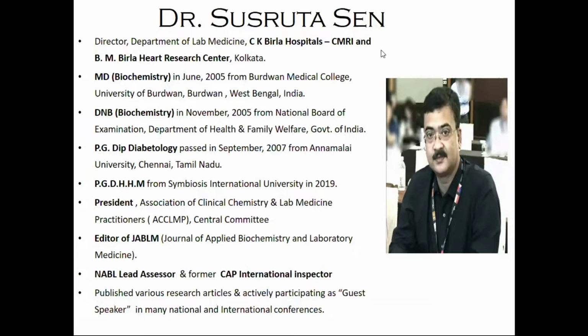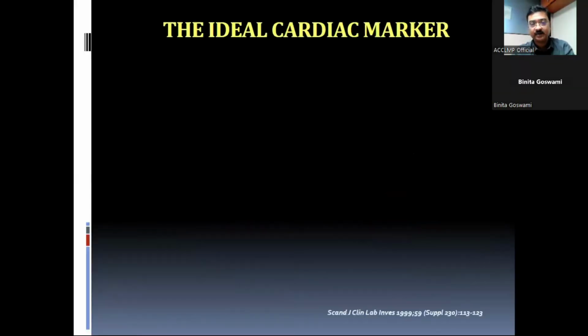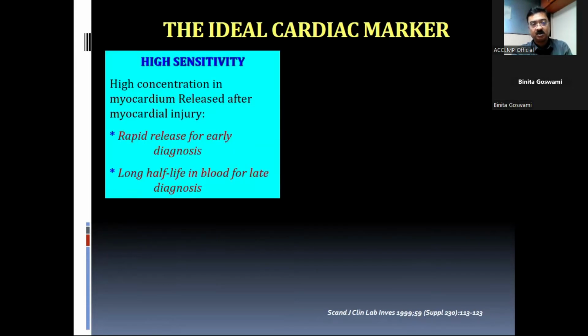Thank you. So let's straightaway go to the cardiac markers. What I was talking about is the ideal cardiac marker. Previously, we used to know that the parameters which depict cardiac injury are called cardiac markers. Nowadays, the ideal cardiac marker should have high sensitivity.